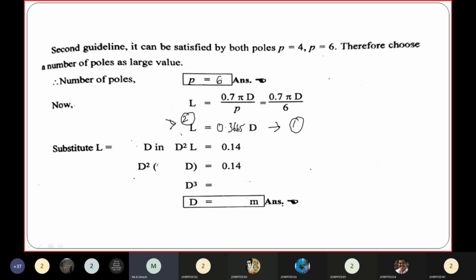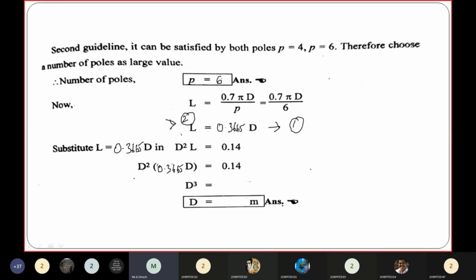That is, L equal to 0.3665 D in D square L. D square L is 0.14. So 0.3665 D cube. Now D cube will give us an answer. 0.14 divided by 0.3665.